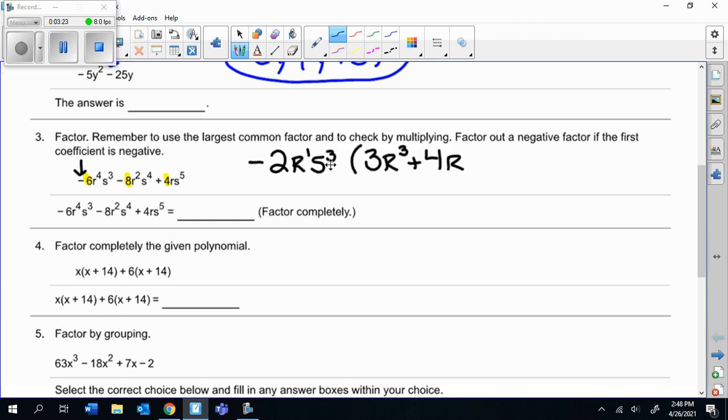If I took out 3 s's and I have 4 s's, again, subtract those exponents. And then if I divide negative 2 into positive 4, I'm left with a negative 2. And then r is out here, so I don't have any r's left here. And then s to the 5th, s to the 3rd, 5 minus 3 is 2.